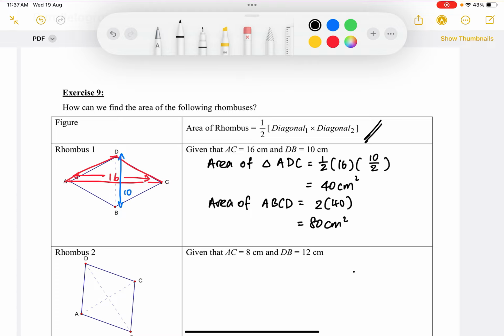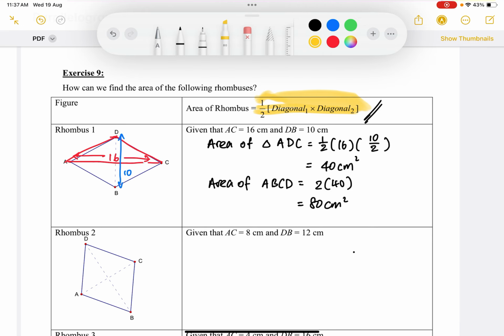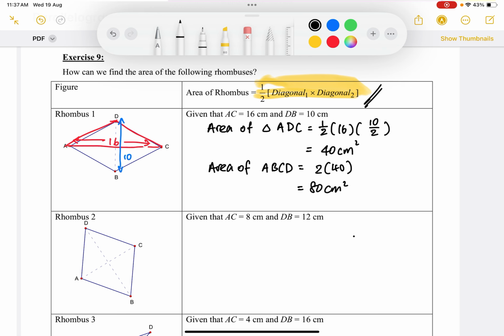But what if we want to attempt using this formula, or even better, you're wondering why does this formula work? Let's try. Again, in rhombus number 2, we have 2 triangles, right? And they are the same triangles. Information given, we've got AC to be 8 cm and DB to be 12 cm.